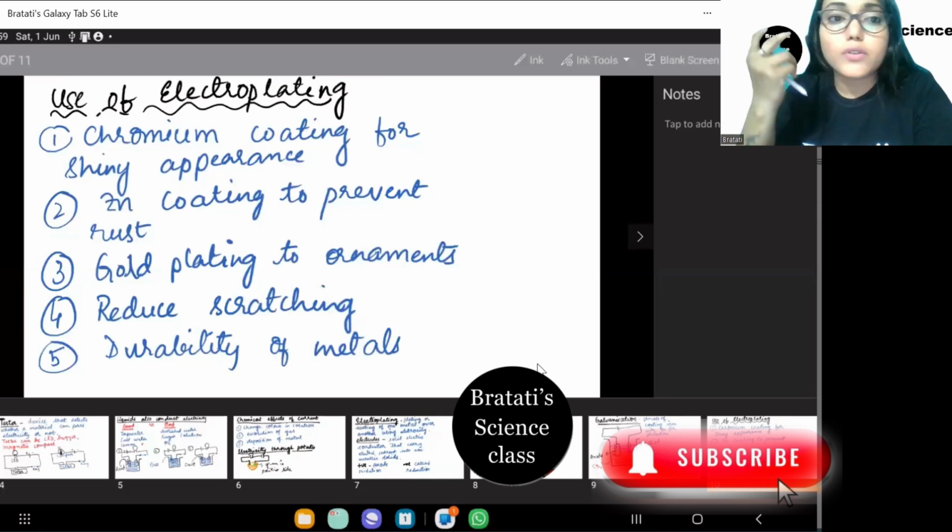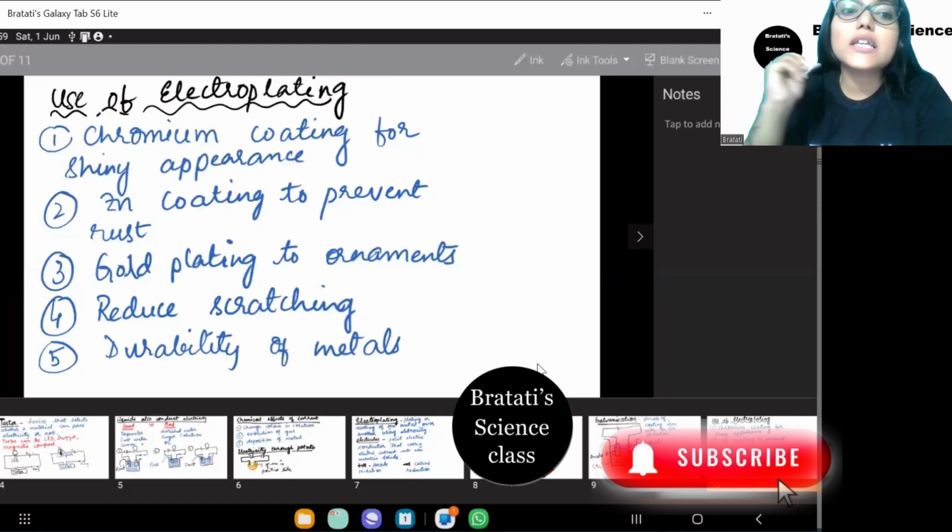So chromium for shiny appearance, gold for ornaments, then zinc to prevent rust. Also for cars and vehicles, you must have heard about anti-rusting coating and film, because those are going in the rain, air and sun, to reduce scratching and also improve the durability of the metals. So these are the uses of electroplating, right?